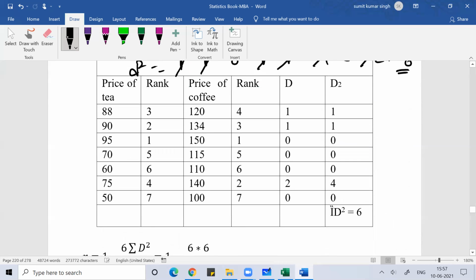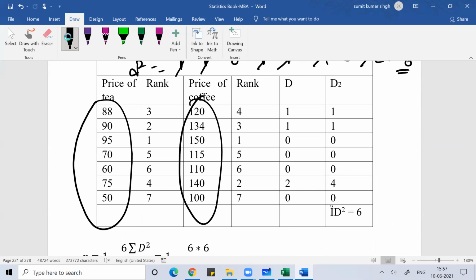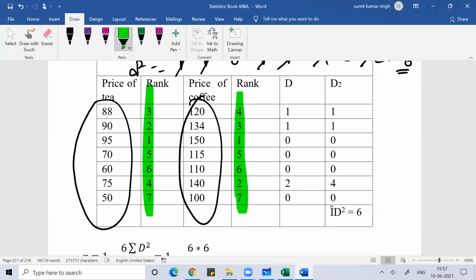Solve this, the same thing. The price of tea is given, the price of coffee is given. You will find their ranks. Any doubt, anyone? Once you find their individual ranks, you find the difference.